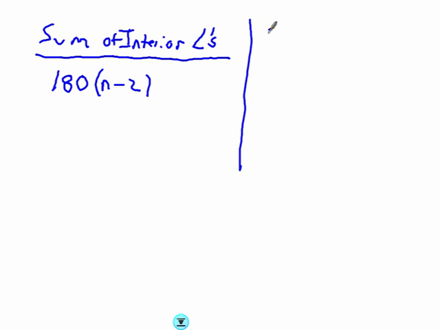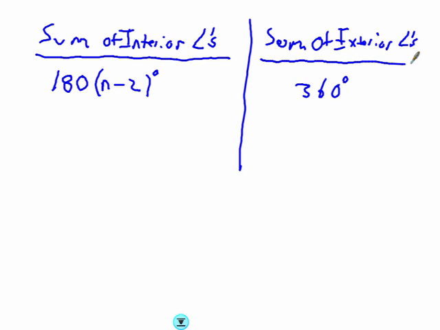And the sum of the exterior angles is always going to be 360 degrees, no matter how many sides the polygon has. So there we go.